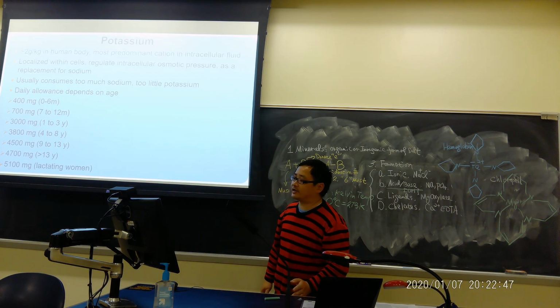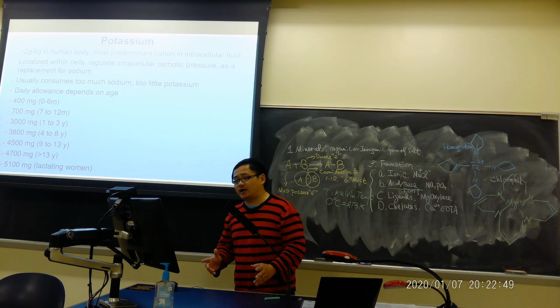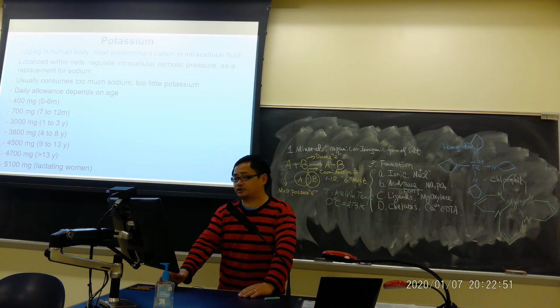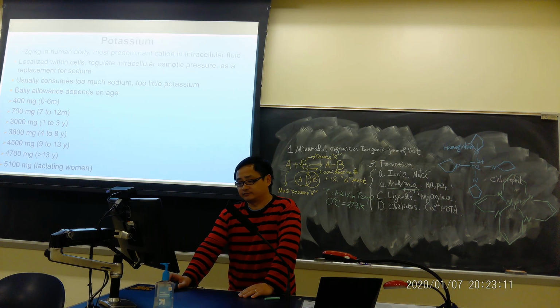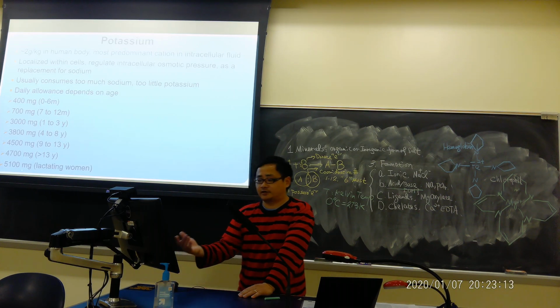However, in real life, often we consume too much sodium and eat too little potassium. Here you will see the daily allowance, which depends on age. For those of us more than 13 years old, the daily allowance is 4.7 grams, that's 4,700 milligrams. Lactating women need a little bit higher than that.